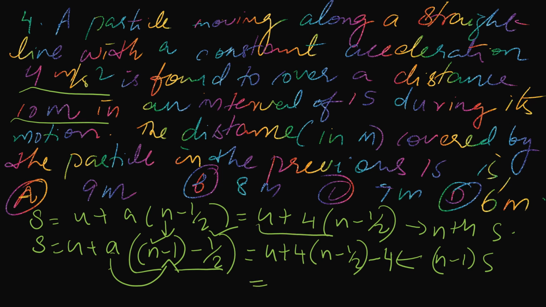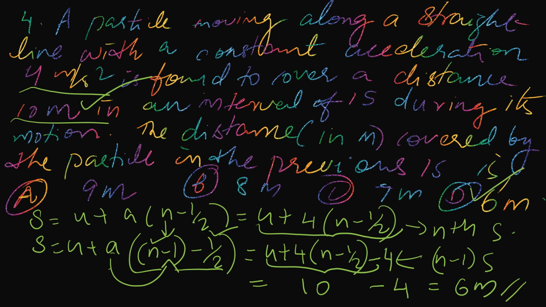They have given that it is 10 meter. So instead of this, we can write 10 meter minus 4, that is 6 meter. Correct option is option D, 6 meter.